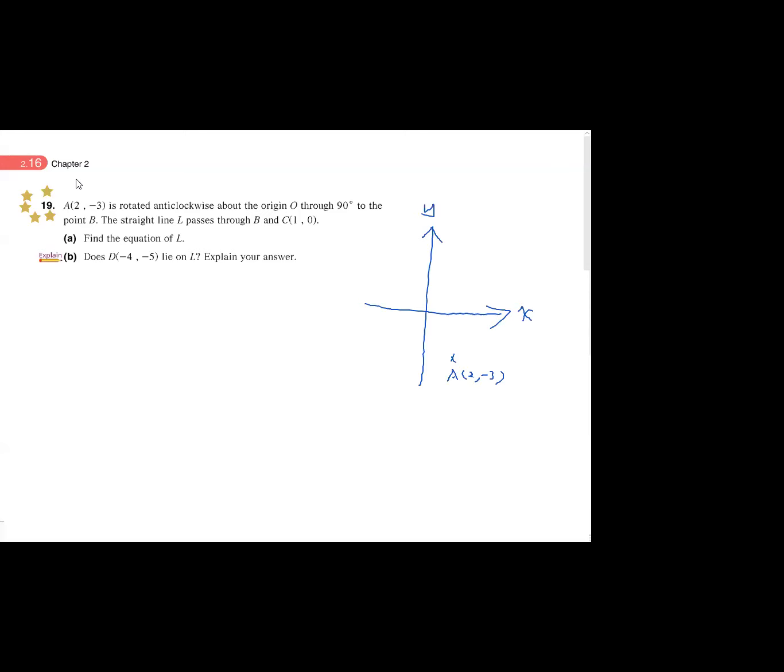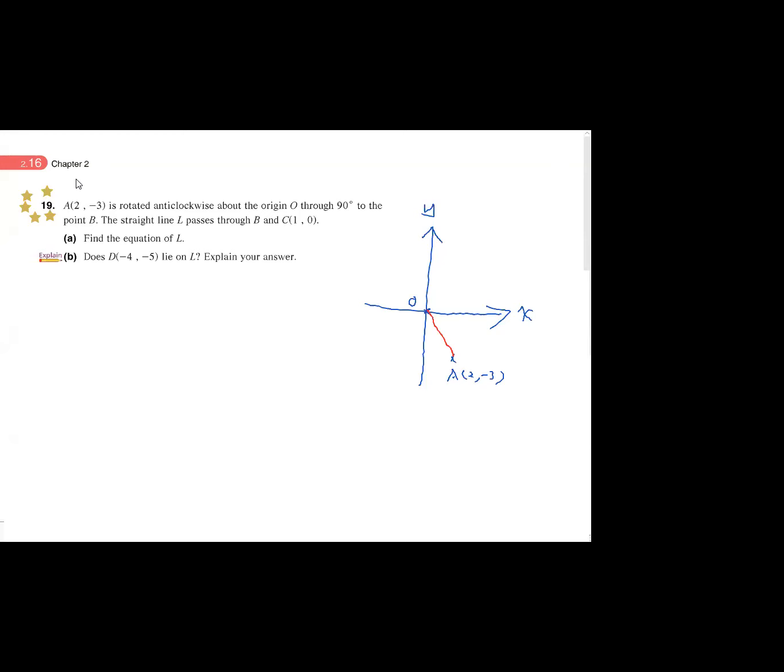If you are not familiar with this, I suggest you use this method. We join the point with the origin OA, and then we draw a rectangle.